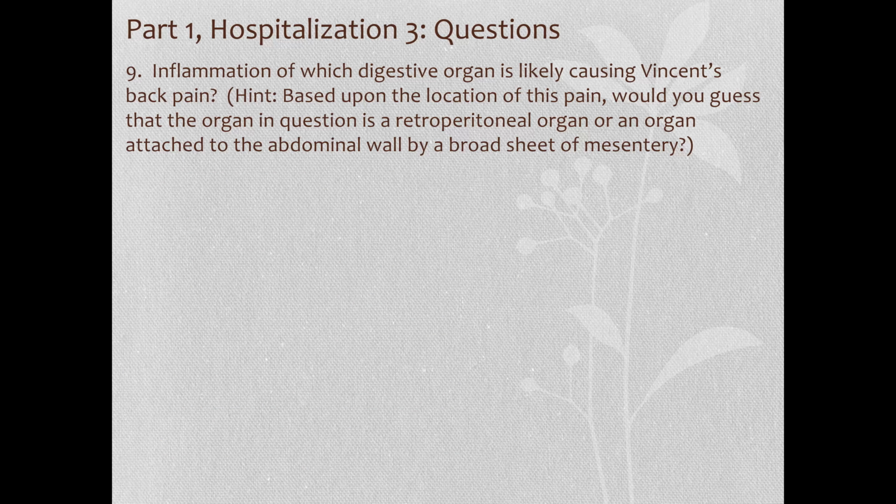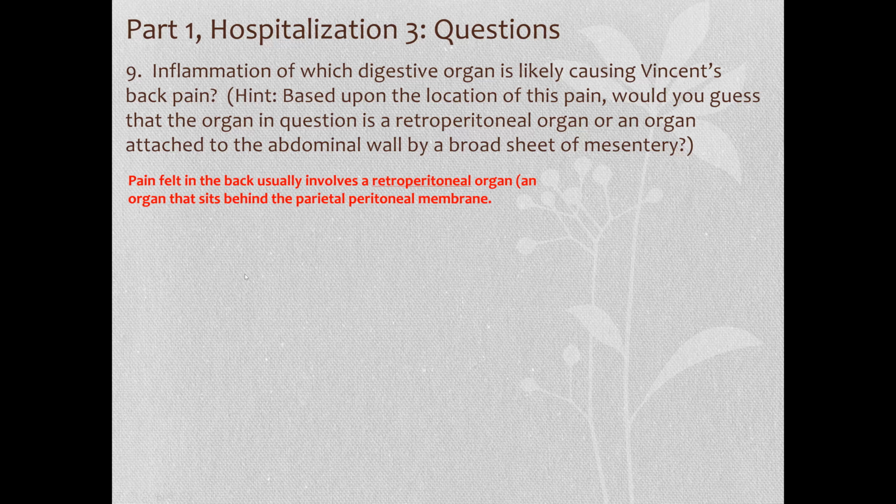So number 9, inflammation of which digestive organ is likely causing Vincent's back pain? Hint, based upon the location of this pain, would you guess that the organ in question is a retroperitoneal organ or an organ attached to the abdominal wall by a broad sheet of mesentery? Pain felt in the back usually involves a retroperitoneal organ, which is an organ that sits behind the parietal peritoneal membrane.